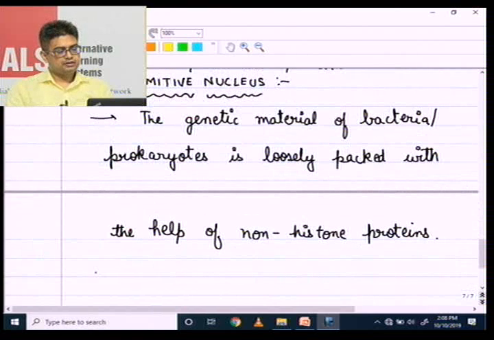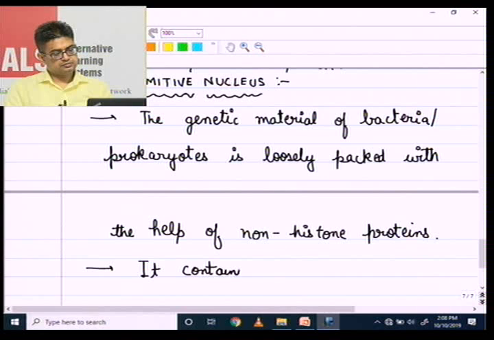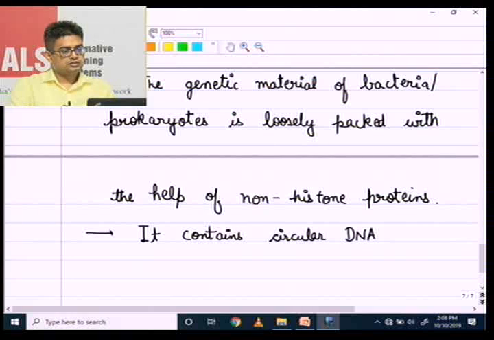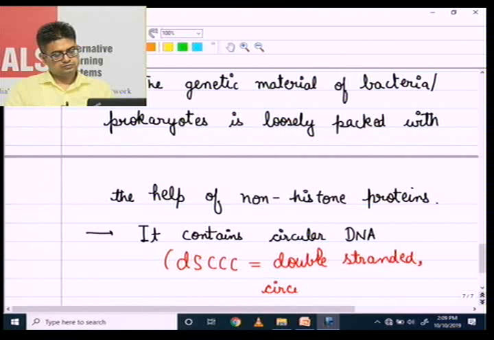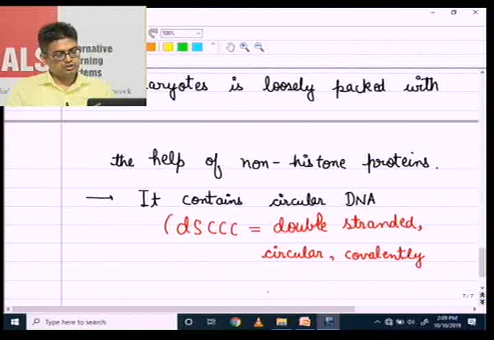It contains circular DNA, and I'm writing a term for it, DSCCC: double-stranded circular covalently closed DNA.